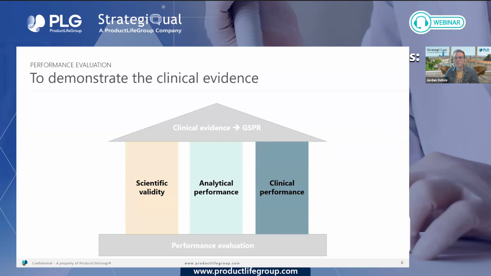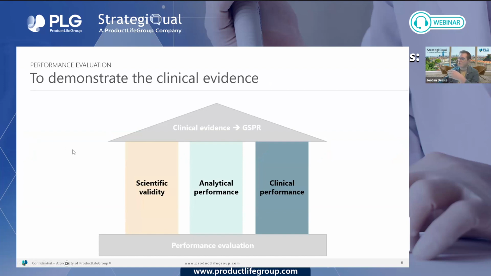So, okay, I need to realize the performance evaluation of my product, but what is it, how does it work? Article 2 gives a first definition. It is assessment and analysis of data to establish or verify the scientific validity, the analytical performance, and, where applicable, the clinical performance of a device.